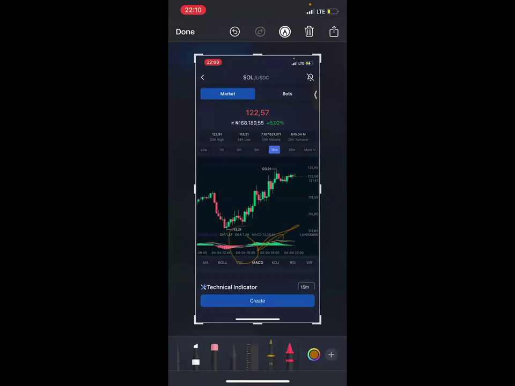Before the cross actually happens, there's always a divergence in the two lines, which means they are diverging from each other, like there will be an opening up in these lines.